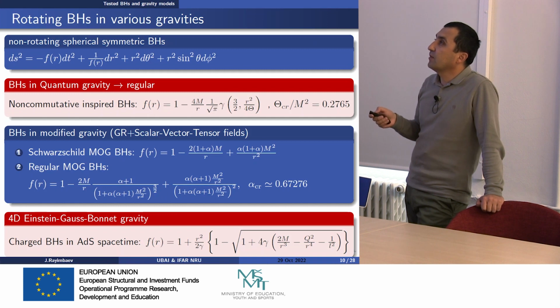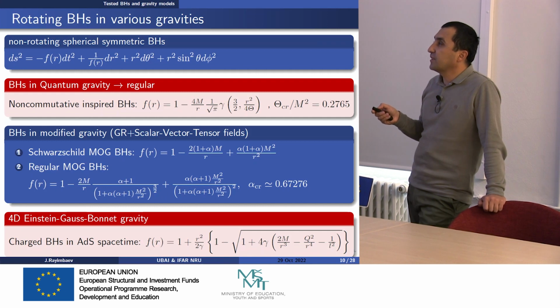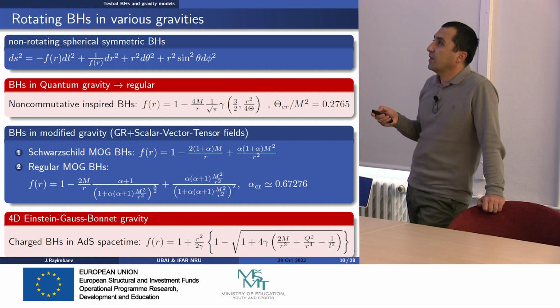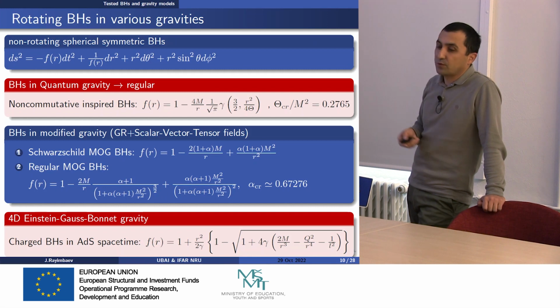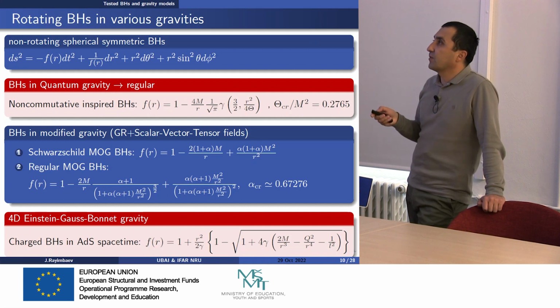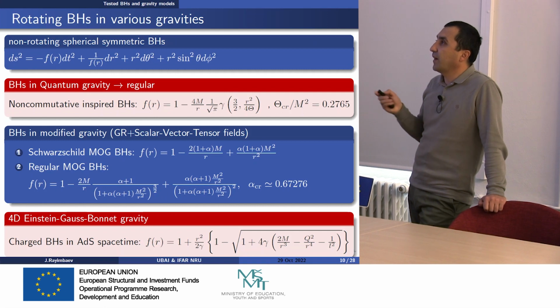Here in MOG, modified gravity, sometimes called STV gravity, which is scalar-vector-tensor gravity. So this is general relativity plus some scalar-vector-tensor field, and here the alpha parameter, which is called the MOG parameter, represents this field's effects.